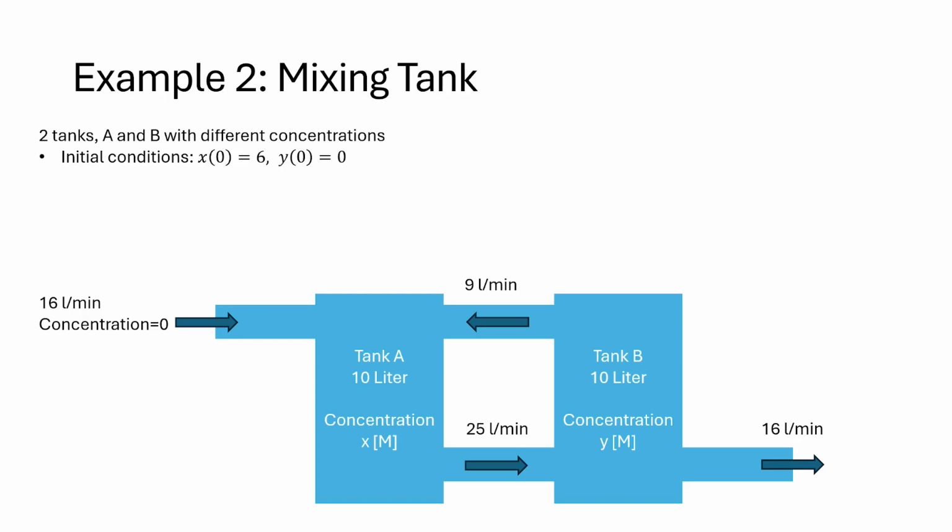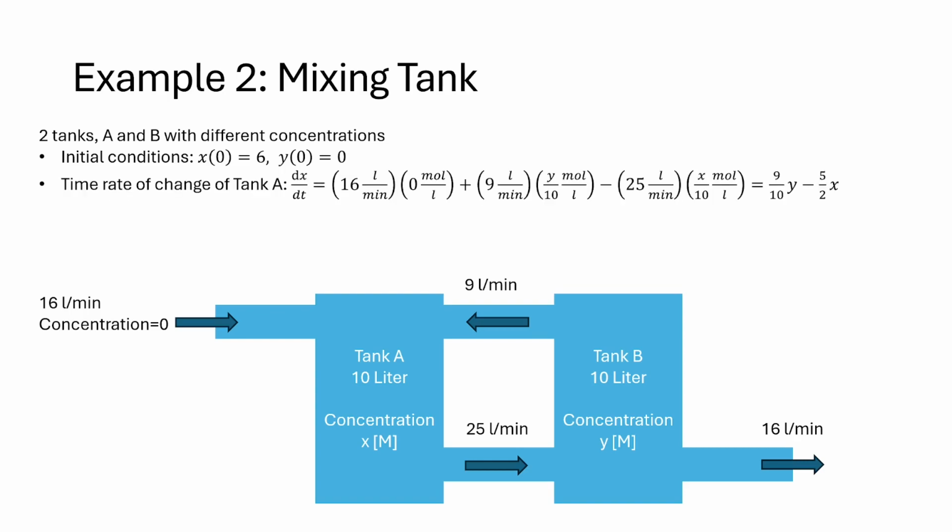We just know initial concentrations within tank A and tank B. So for tank A, we have X(0) equal to 6 moles. And then in tank B, we have a concentration of 0.